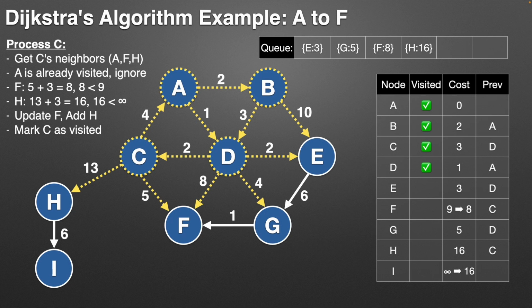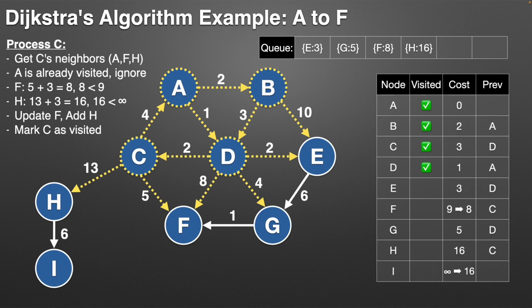So processing C, same thing. We have C here, and we ask for the neighbors of C. Since this is directed, you'll get the neighbors A, F, and H. You can see that we've already visited A, so we can disregard it. So that brings us to F. So let's go ahead and compute the cost there.